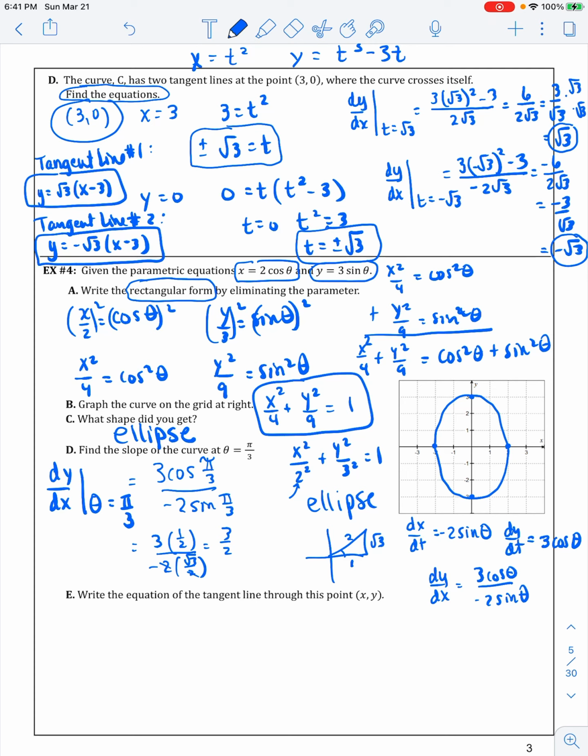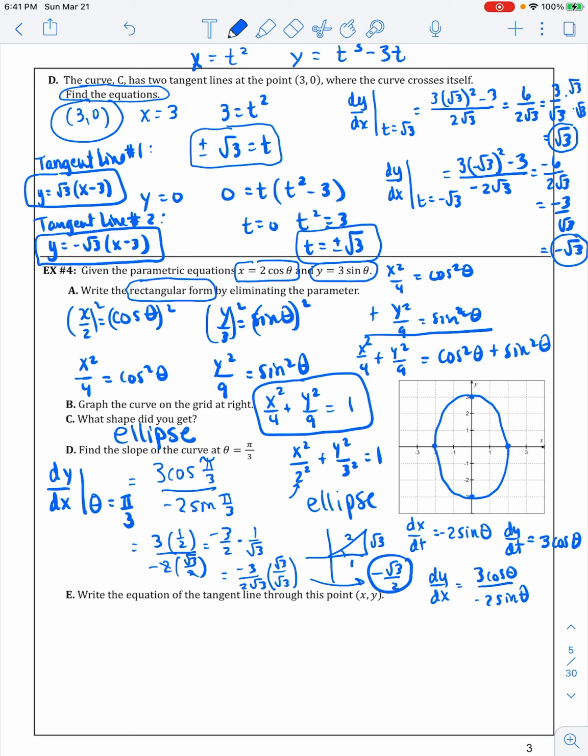So division by negative square root of 3 over 1 is multiplication by negative 1 over square root of 3, giving me negative 3 over 2 root 3, which you could say, okay, that's my answer, or you could rationalize it. If you rationalize it, it simplifies to negative root 3 over 2. So that's the slope of the curve at theta equals pi over 3.